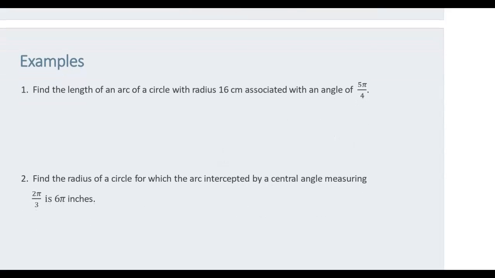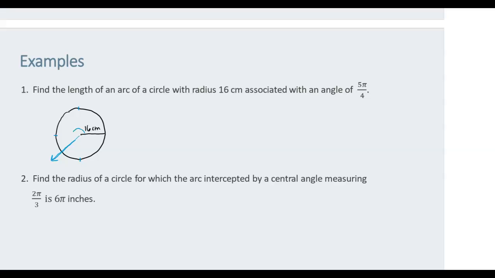Let's find the length of an arc of a circle. It has a radius of 16 centimeters, and it's associated with an angle of 5 pi over 4. I'm going to draw a picture first to think about what's happening here. We have a circle with a radius of 16 centimeters, and 5 pi over 4 is going to be over, I'm going to put little tick marks for the axes, it's going to be over here, right?